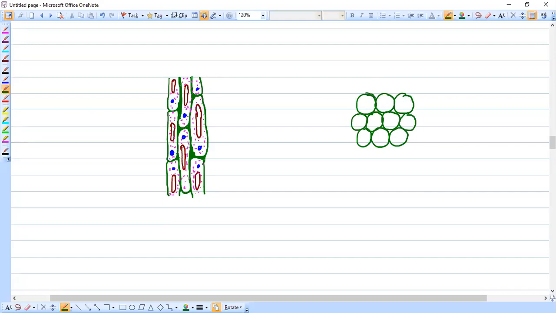The cells here will not be evenly thickened. Somewhere you will find more deposition of cellulose, somewhere less. This is the most important characteristic of collenchyma. They will have uneven thickness and uneven deposition. So here you can see these are all the uneven ones.